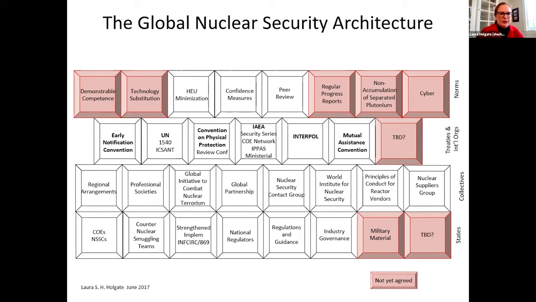The peer review interest is one that is growing and has become reflected in some of these various boxes below. But there are some other ones that are still in the making, where updates may be required over time to the lower levels. This concept of demonstrable competence.